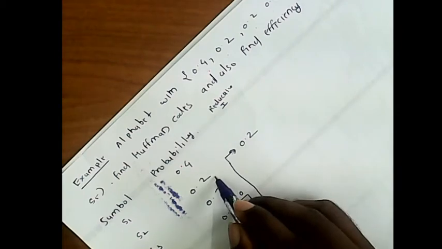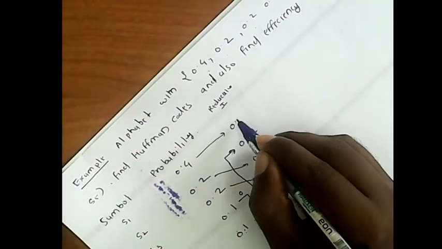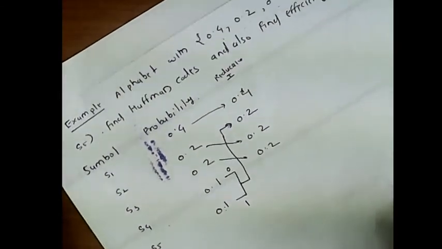Then we write down these probabilities in the new column and place the rest as they are. Again repeat this step.